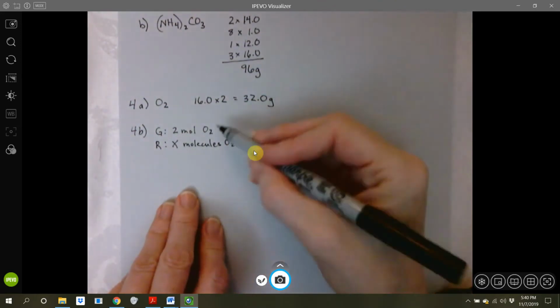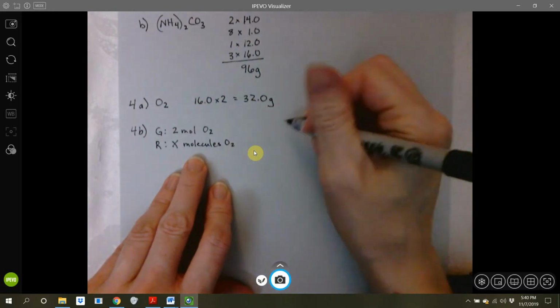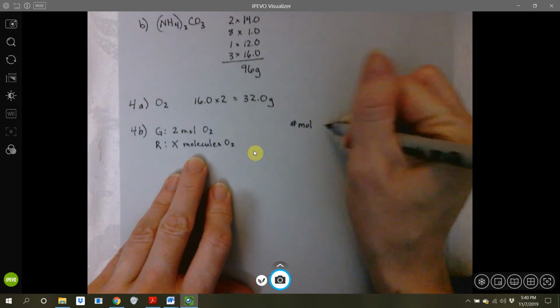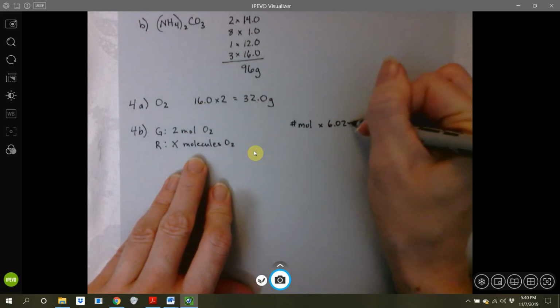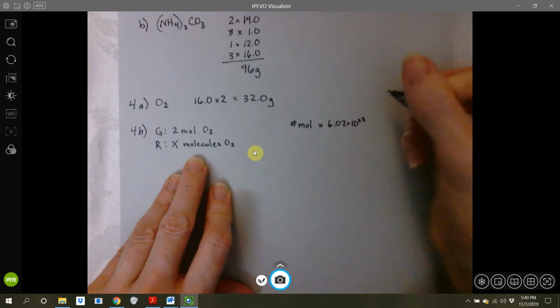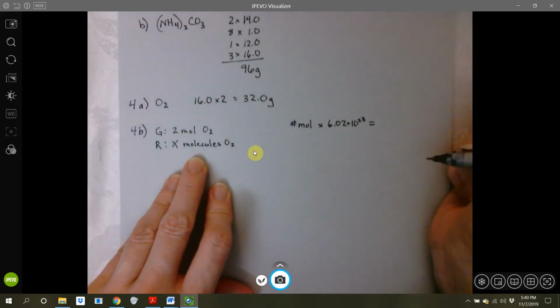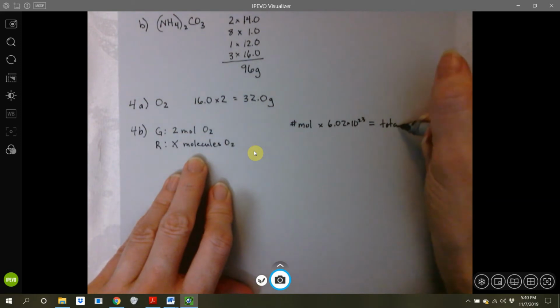So when we're doing this converting, it's handy to remember the statement, the number of moles times the number of things in a mole gives us the total.